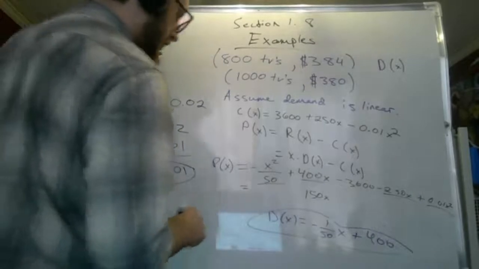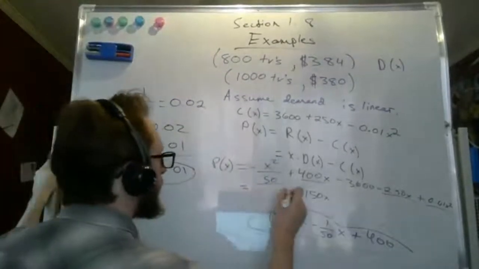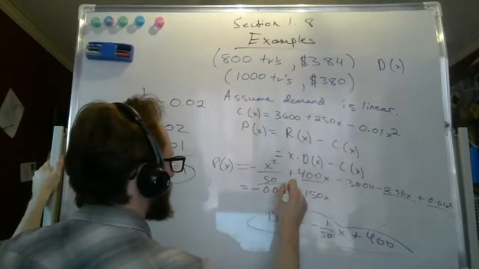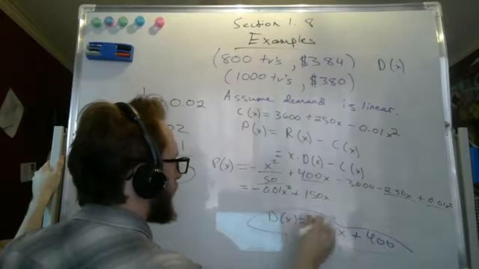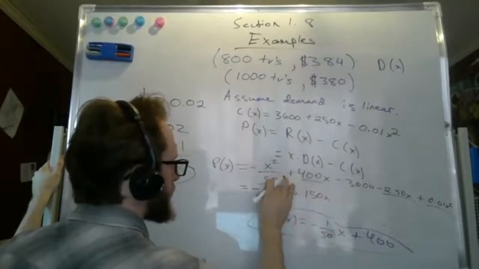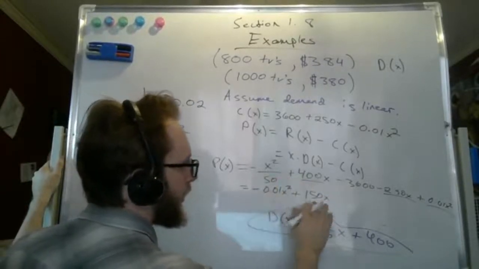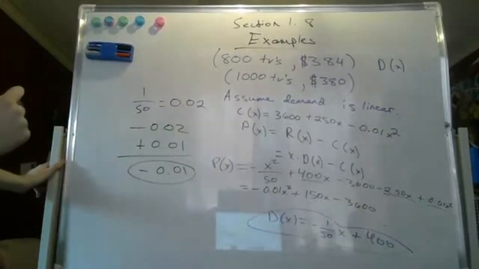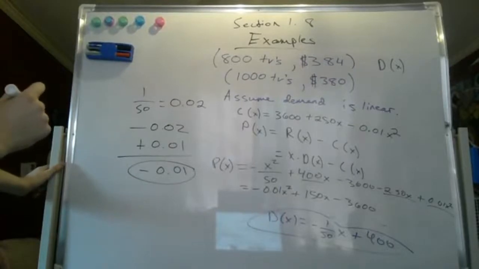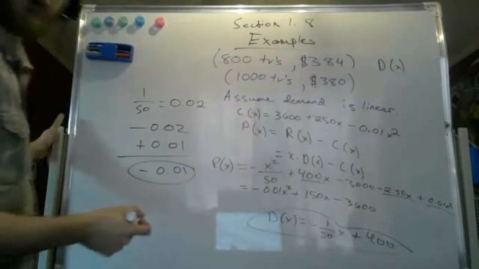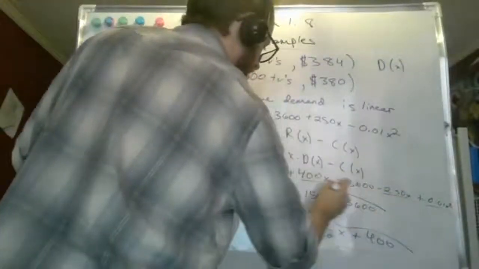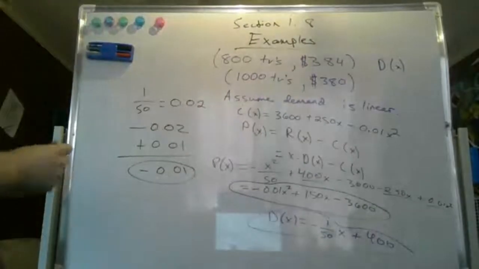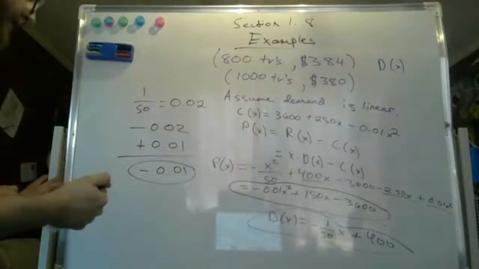So this is my term for my x squared when I combine like terms. So negative 0.01x squared plus my 150x, and then minus 3600. And yeah, there we have it for our final answer for this question. There's our revenue. Or, I'm sorry, profit. And that's the end of that question.